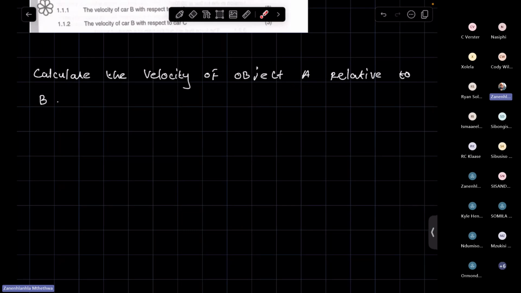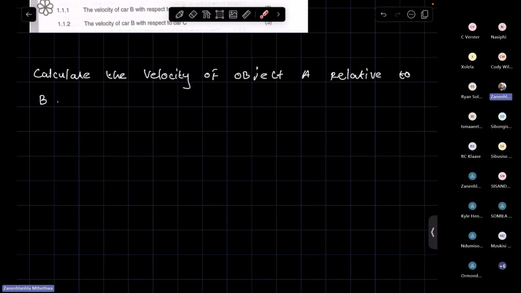And the velocity it is being compared to, relative to B, makes B our frame of reference.